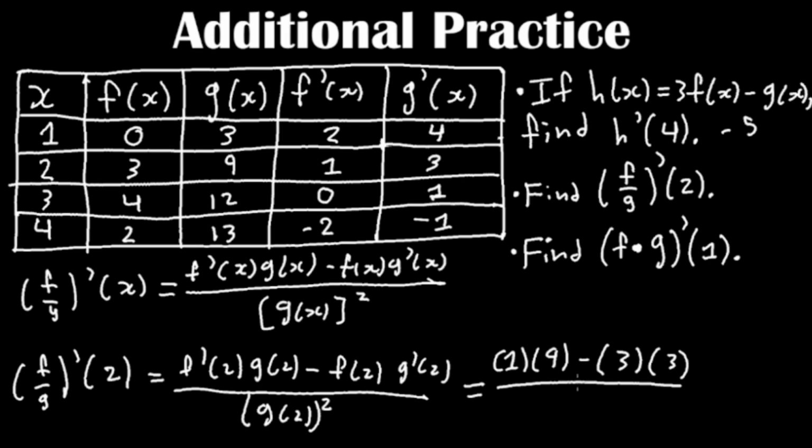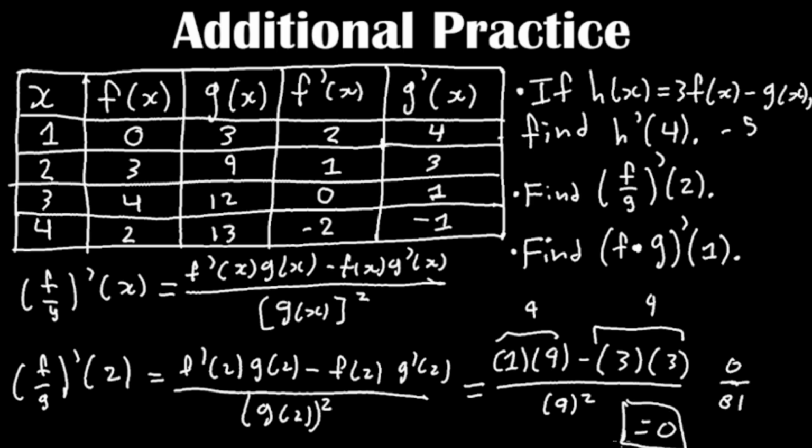And then all divided by g of 2, which is 9, squared. So this is 9 minus 9. That's 0 over 81. So the whole thing is just 0. So the derivative of f over g evaluated at 2 is equal to 0.